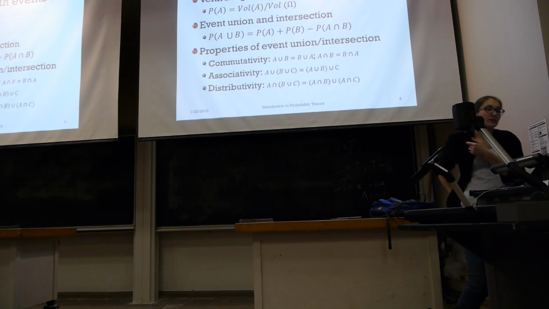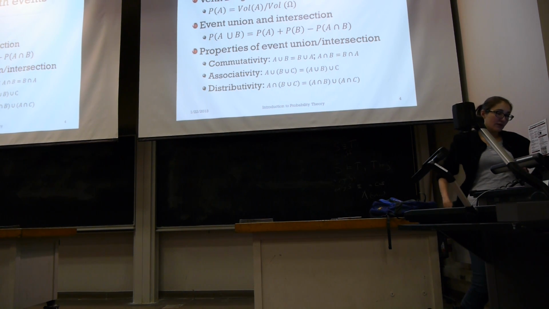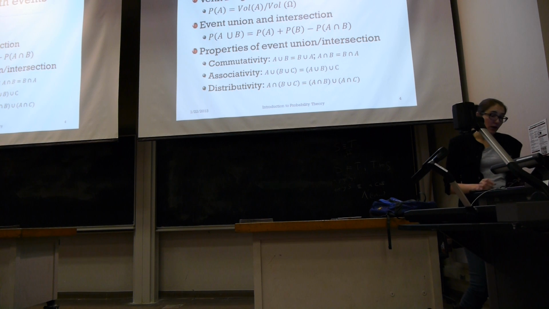This is very easy to see using Venn diagrams. The probability of the union of the events is the sum of the probabilities of the events minus the probability of the intersection. Is this kind of reasoning familiar to you?